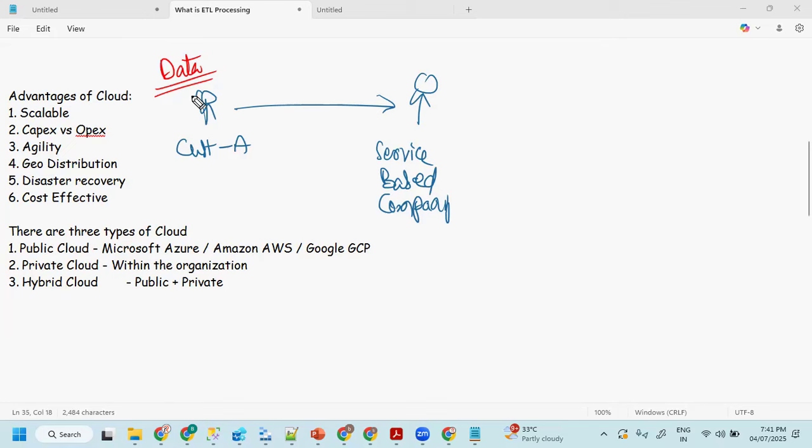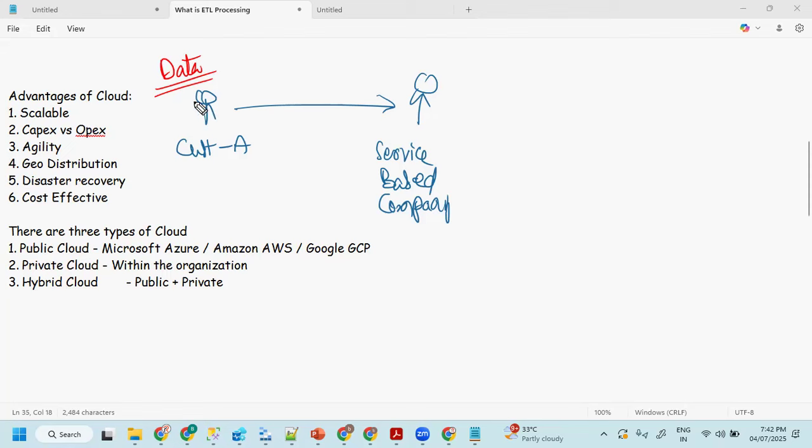Sometimes the customer will also be aware of it. The customers themselves will decide, I want to go with GCP, or I want to go with Microsoft Azure. If they say they want to go with Azure, then definitely we have to provide the solution according to the customer requirement.